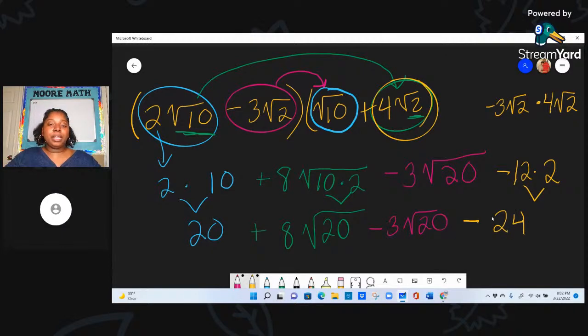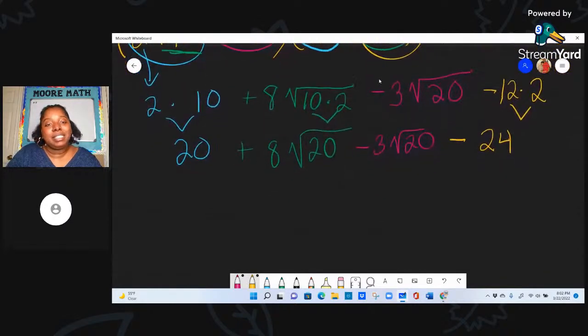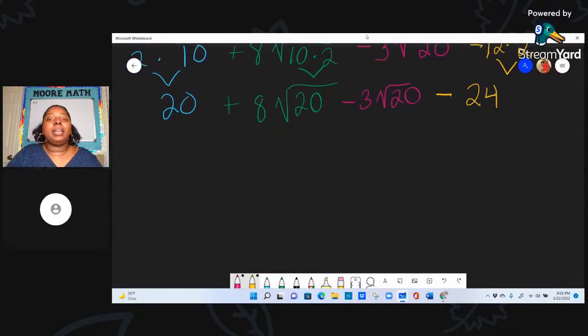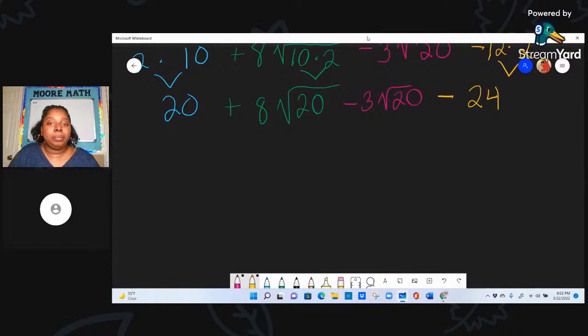Okay. Now take a look at this. You just broke this ugly thing right here down into something that looks prettier, right? What can I combine now? The square roots of 20. So now I can't combine them when we're adding or subtracting; I can't put them under the same radical. That only works with multiplying and dividing.